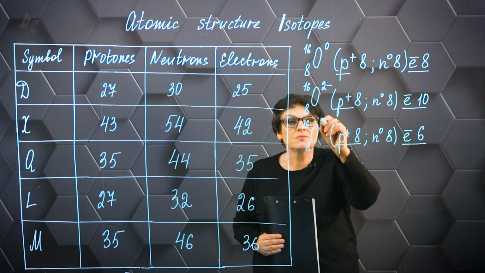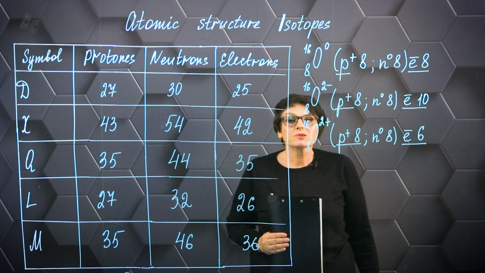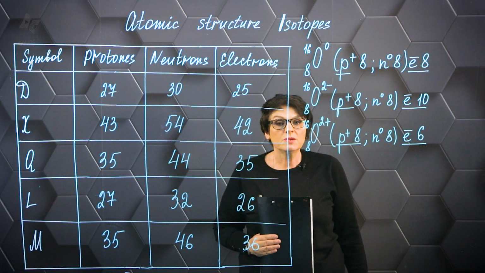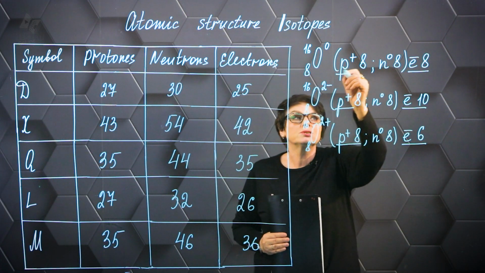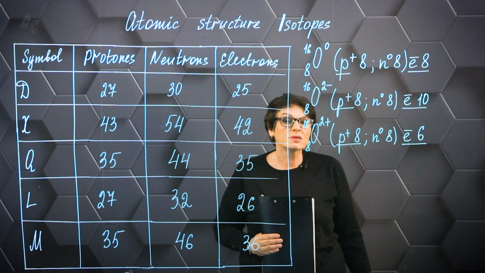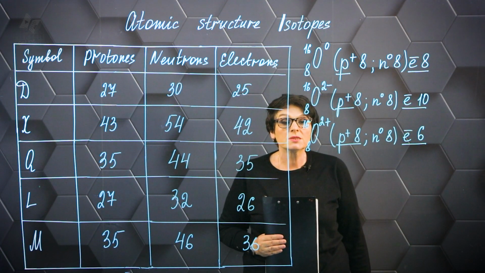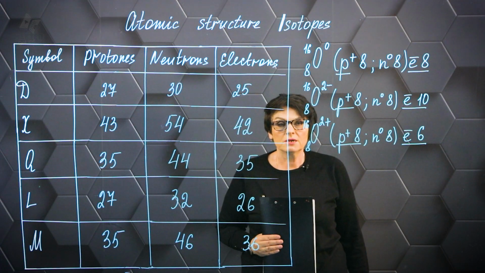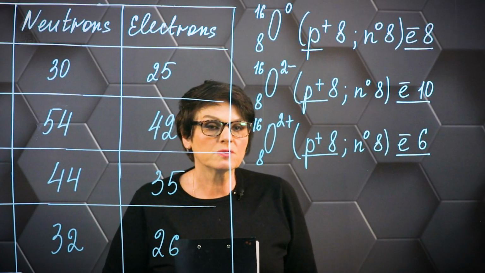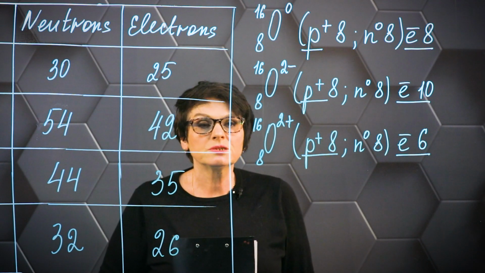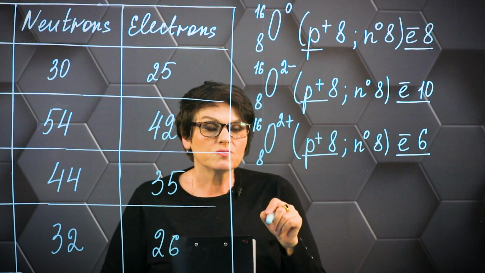Thus, it turns out that the atoms of the elements can change their charge. Let's go back again. If the number of protons and electrons is the same, then the charge of the particle will be 0. This is an electroneutral atom. If a particle has more electrons than protons, then the particle receives a negative charge, and it will be exactly as large as the excess of electrons compared to protons.